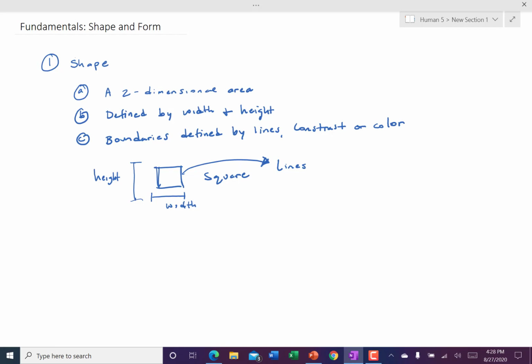If you didn't use lines, let's say you colored around the square with a crayon or marker, and you define the boundaries of the square so that everything around the square is colored, essentially like this.